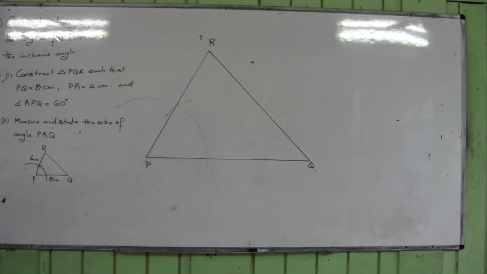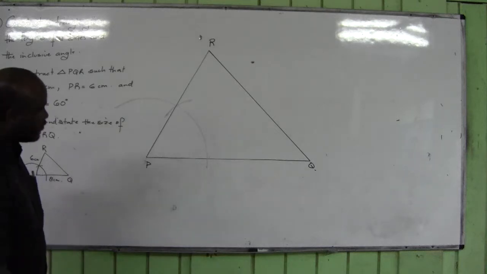Angle PRQ. If I ask you to measure angle PRQ, which angle am I asking you to measure? R. The angle that they're referring to is always at the letter in the middle.